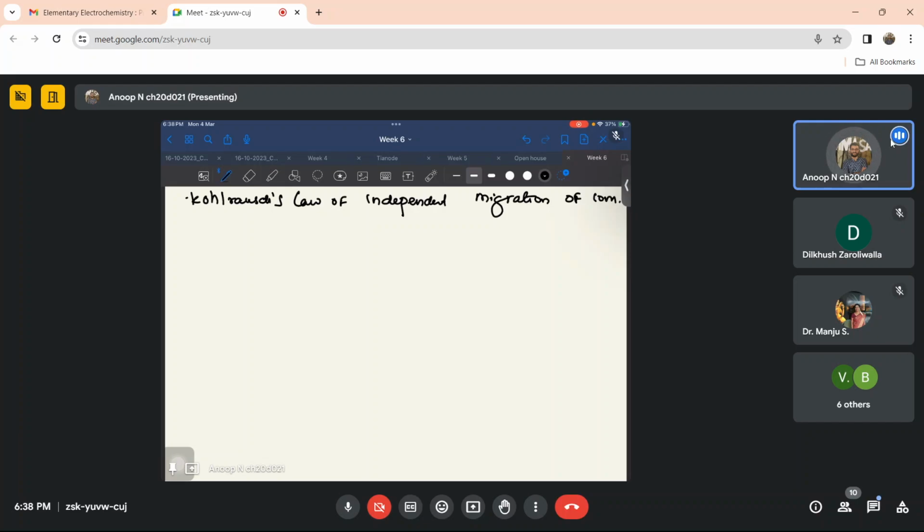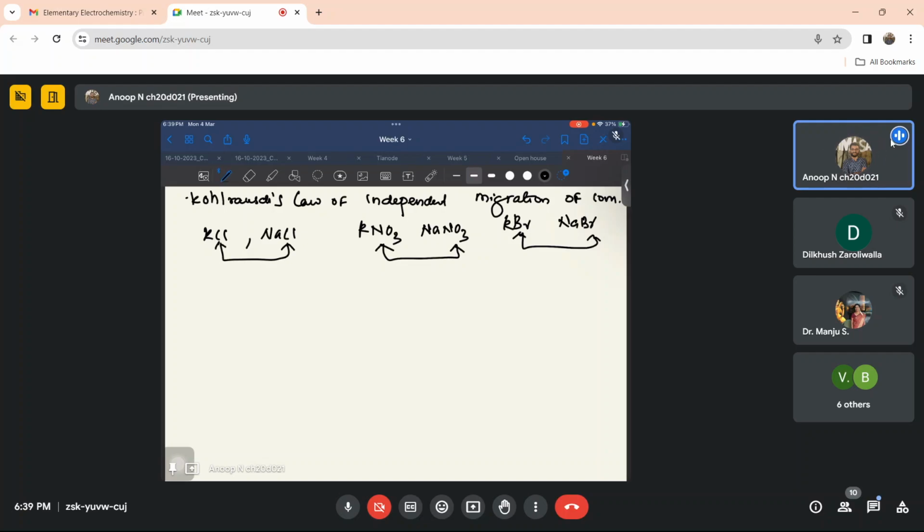If we take different salts, suppose KCl, NaCl, then KNO3, NaNO3, then KBr, NaBr, what's common here? If you take the first two, the cations are the same. Similarly, here also the anions are the same. So always the difference between lambda 0, that is equivalent conductance at infinite dilution, values of different salts with the same anion are the same.